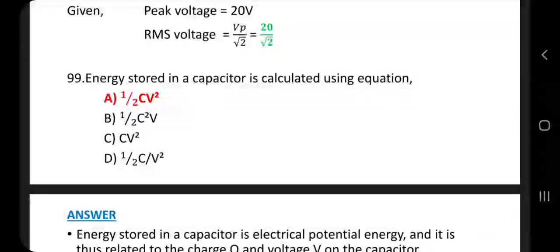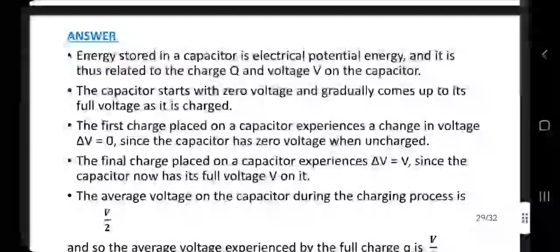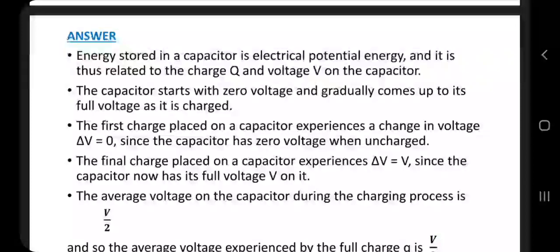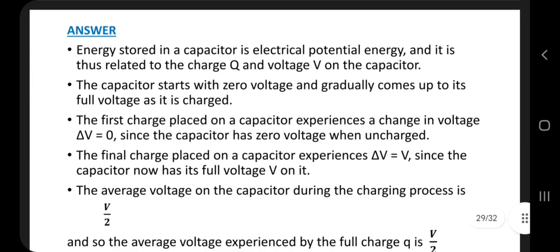Energy stored in a capacitor is calculated using the equation, answer is option A, half CV square. Energy stored in a capacitor is electrical potential energy and it is thus related to the charge Q and voltage V on the capacitor. The capacitor starts with 0 voltage and gradually comes up to its full voltage as it is charged.